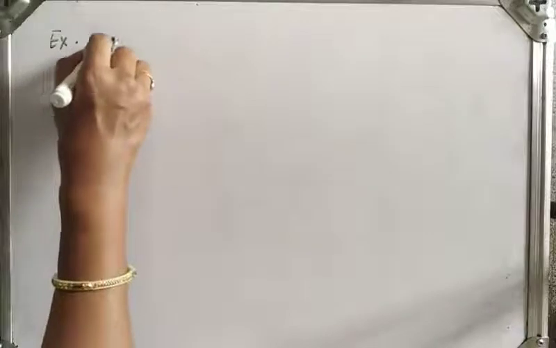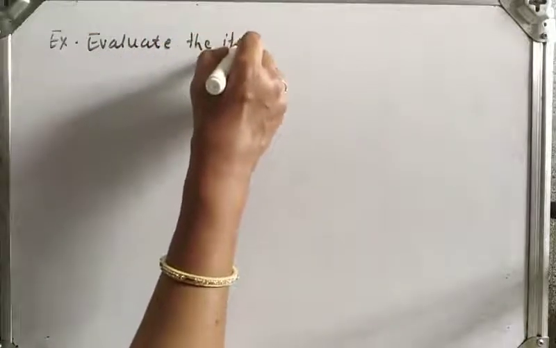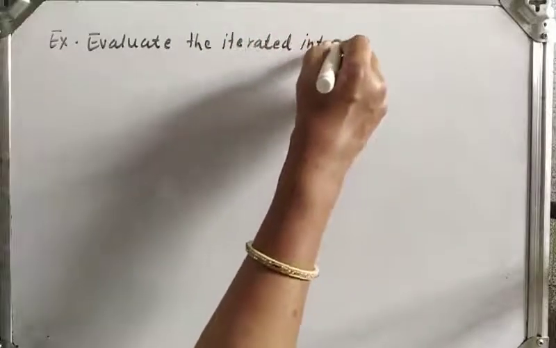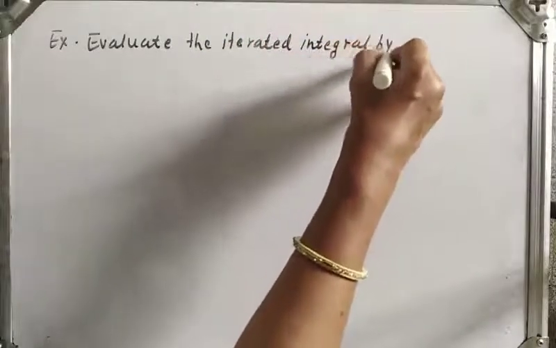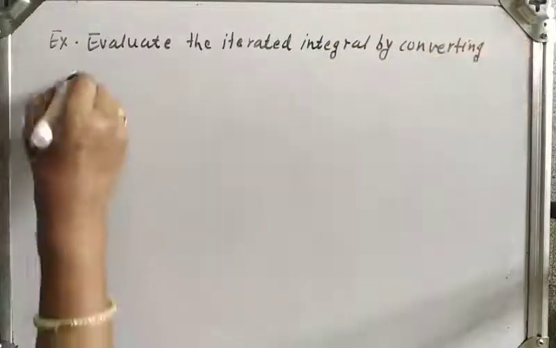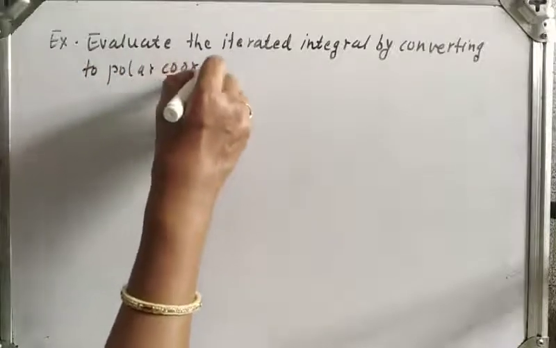Next example is: evaluate the iterated integral by converting to polar coordinates.